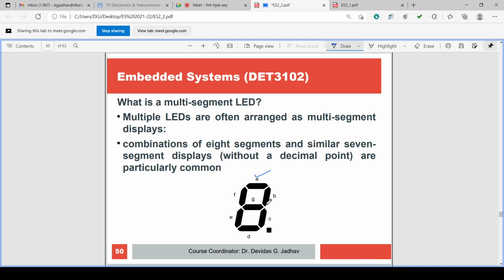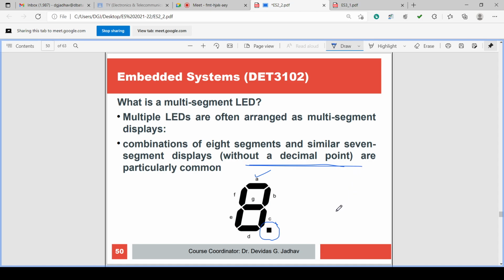This is the second LED, B. This is the third LED, C. This is the fourth LED, D. Fifth LED, E. Sixth LED, F. Seventh LED, G. So A, B, C, D, E, F, G, 7 LEDs are there. And similarly, the dot is there, the decimal point.